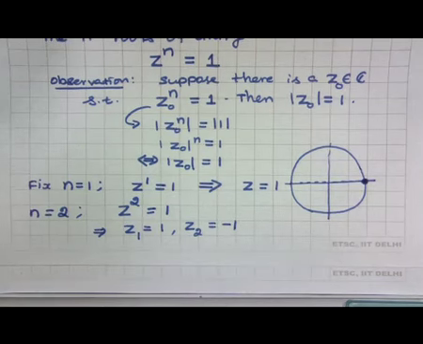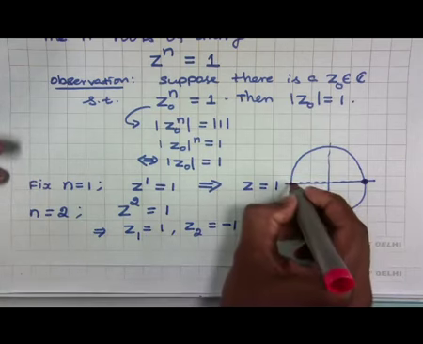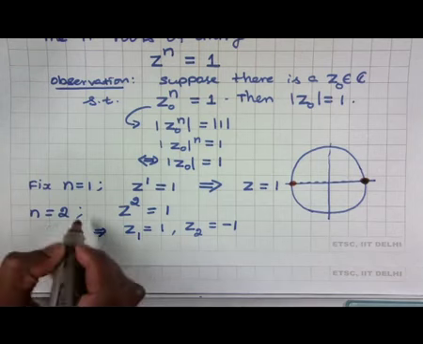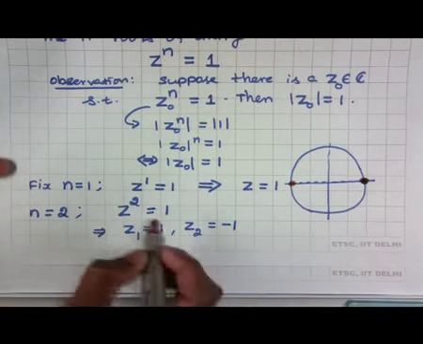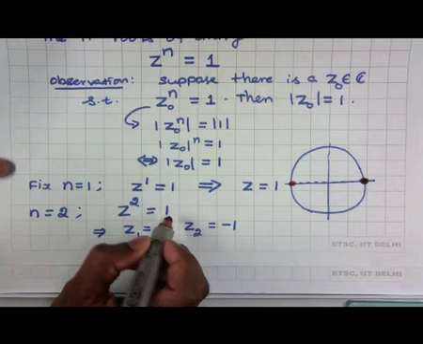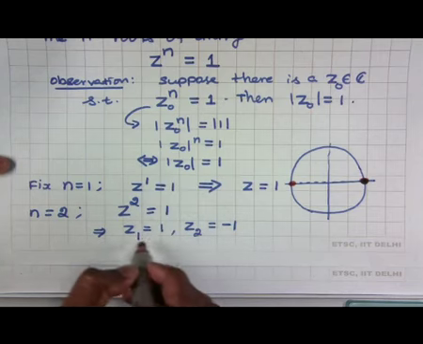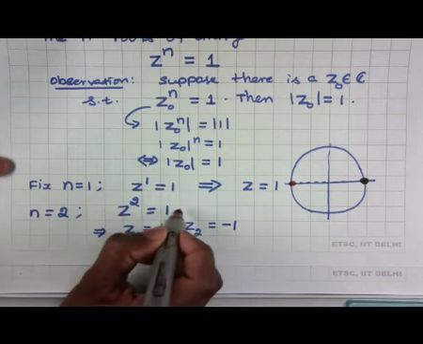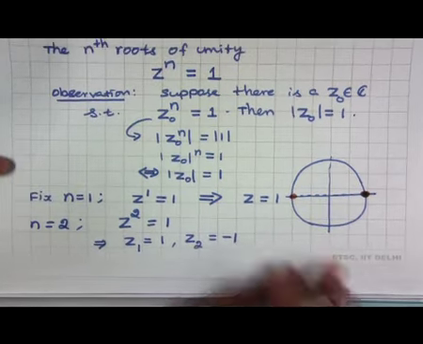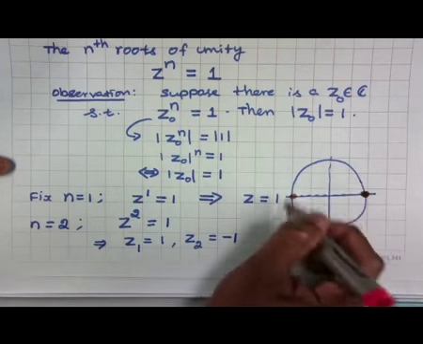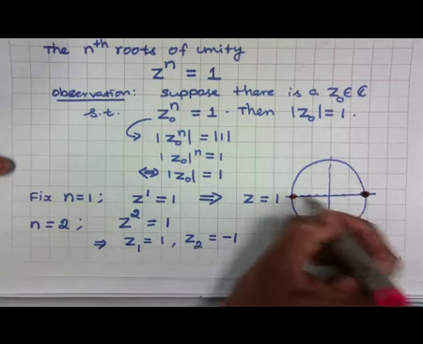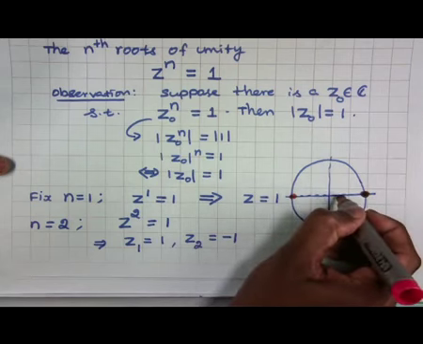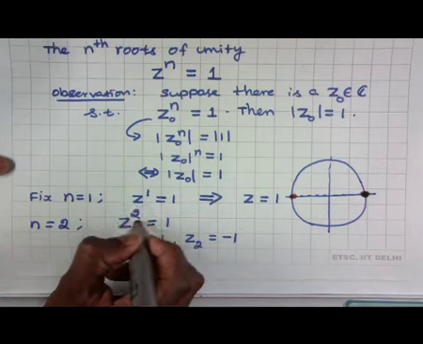So what we observe is, when we take n equal to 2 and ask which complex numbers have square 1, z equal to 1 and z equal to minus 1 satisfy this equation. Somehow, given 360 degrees, it just divides by 2.